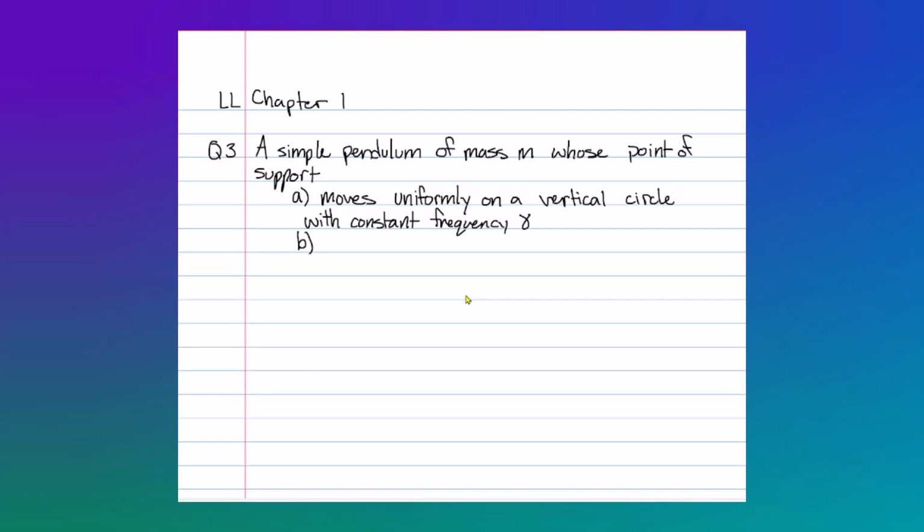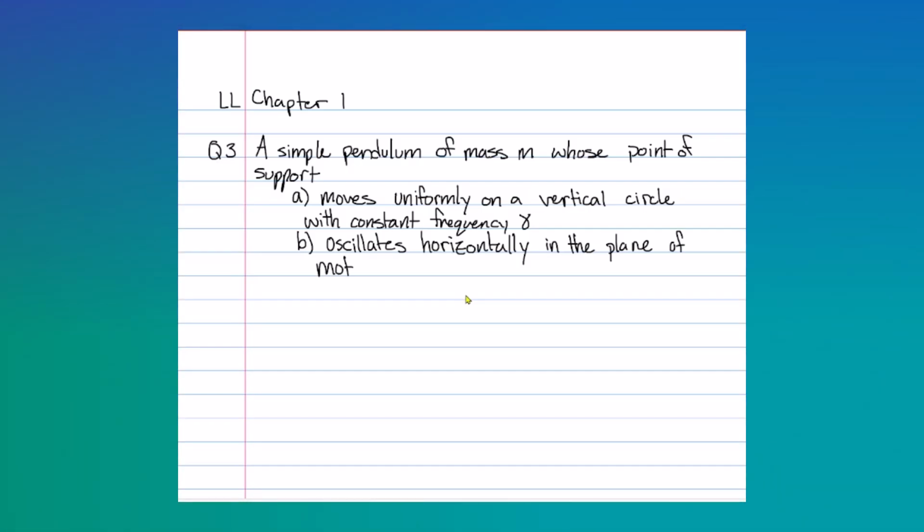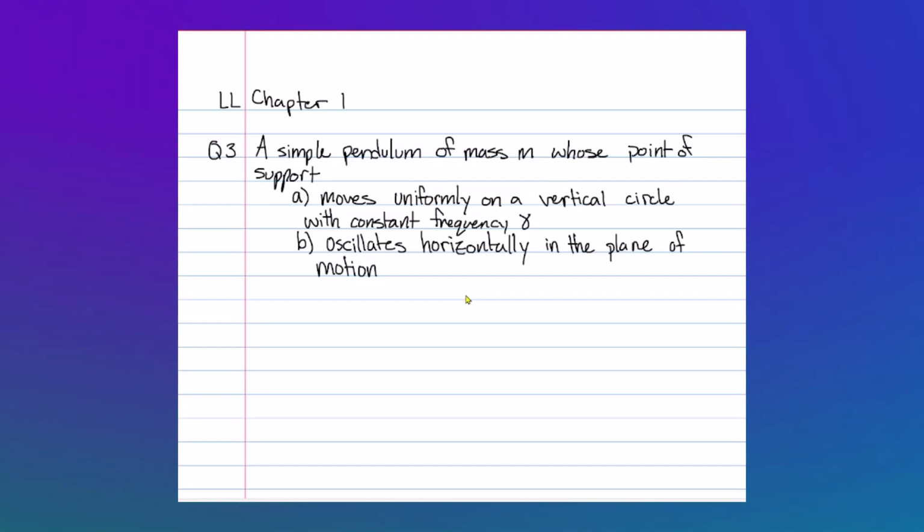Second path will be similar, except that the point will be oscillating back and forth horizontally with a frequency that matches the motion from part A, but that is just moving horizontally, not vertically.